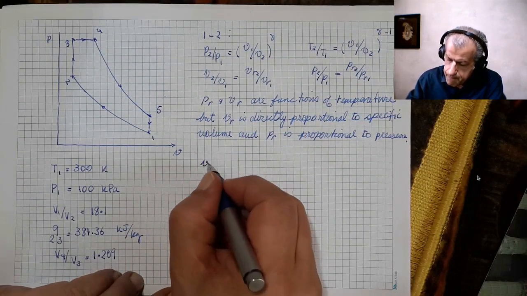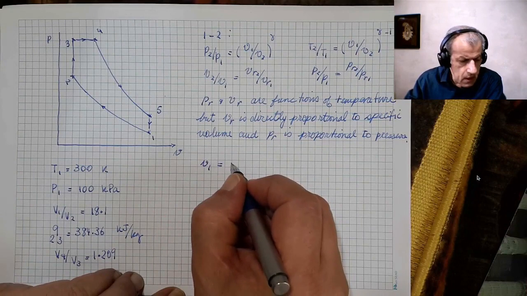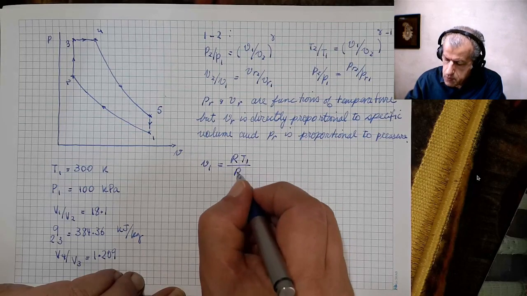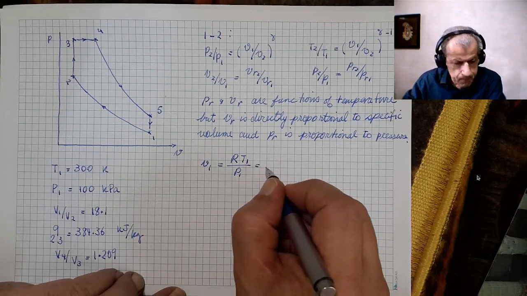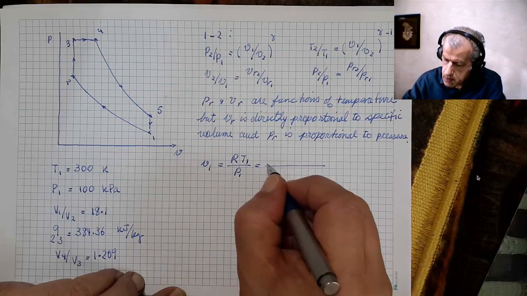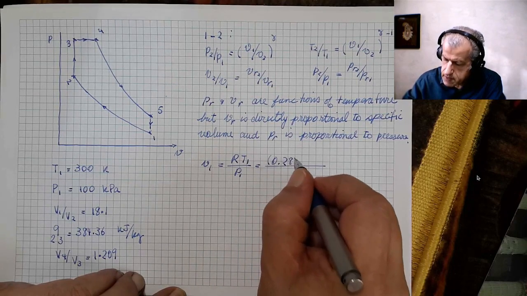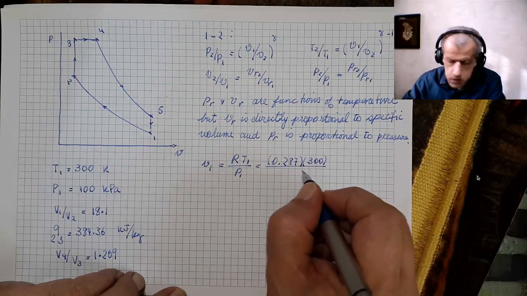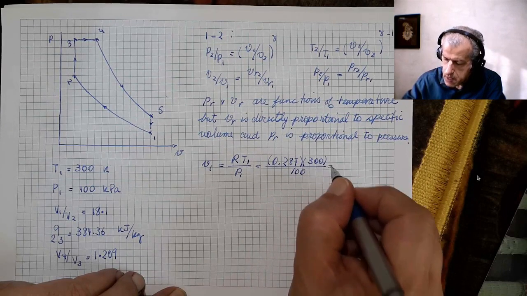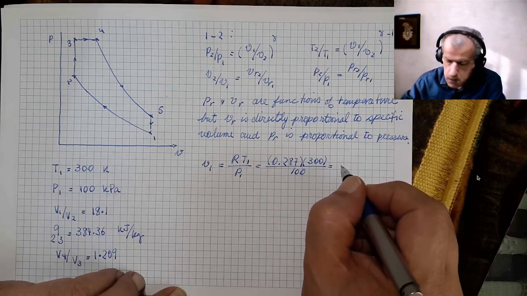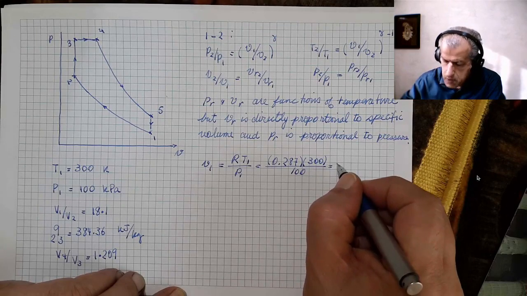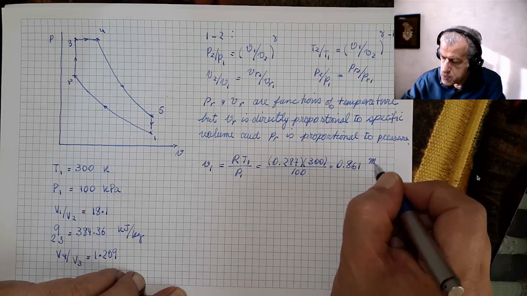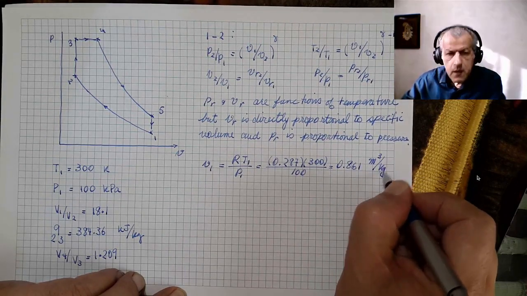V1 equals RT1 over P1, which is 0.287 times 300 divided by 100. And it gives us a specific volume of 0.861 cubic meter per kilogram.